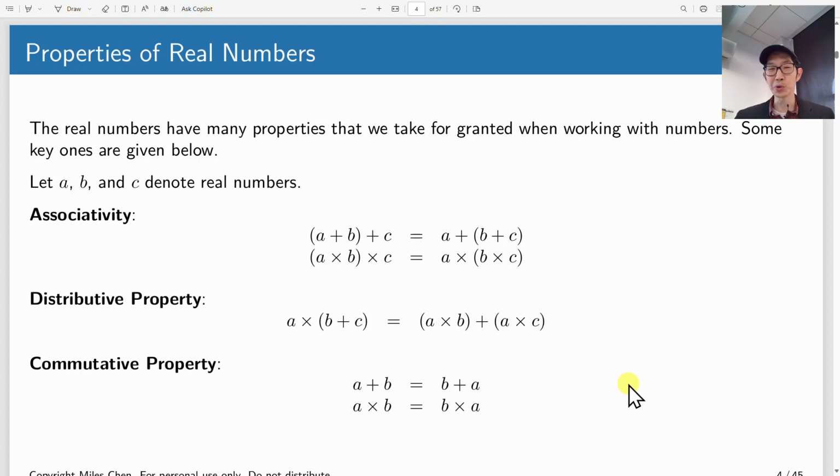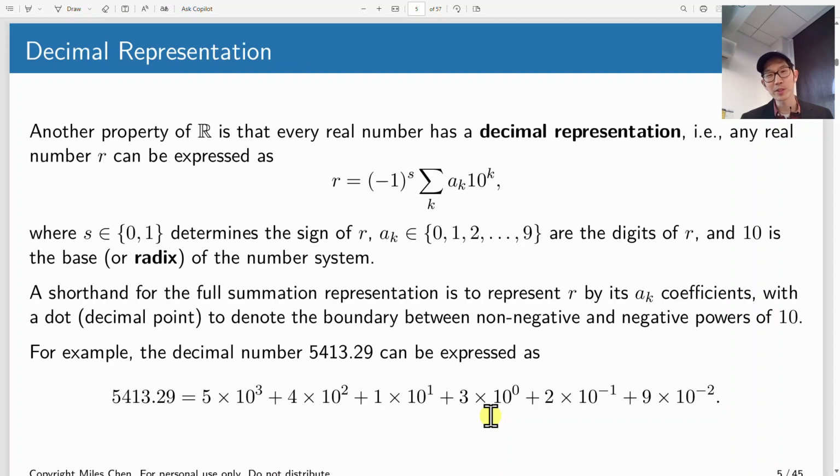So, the associative property: you can do a plus b first and then add c, and it's the same as doing b plus c first and then adding a, and the same thing with multiplication. Then the distributive property, where a times the quantity b plus c is the same as a times b plus a times c. Also, a times b and b times a are the same, and a plus c and c plus a. These are all properties that we're accustomed to.